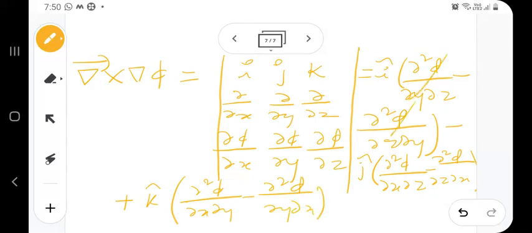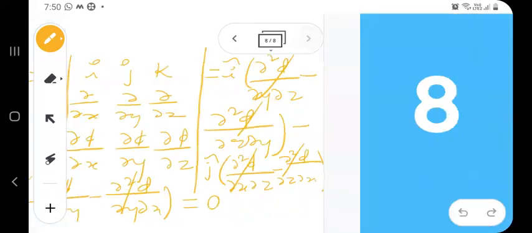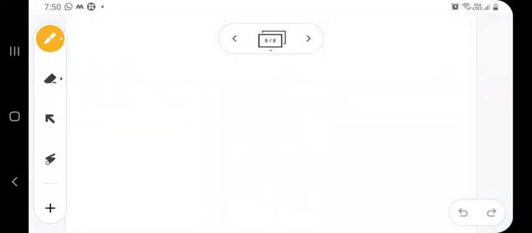So all these terms get cancelled. That equals 0. Therefore, the curl of grad phi equals 0. Del bar cross del phi is equal to 0.